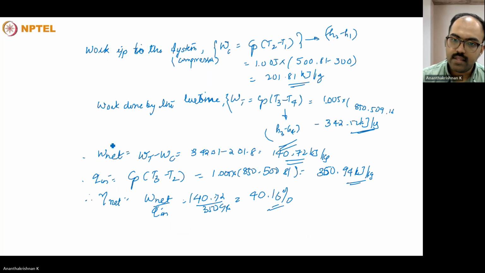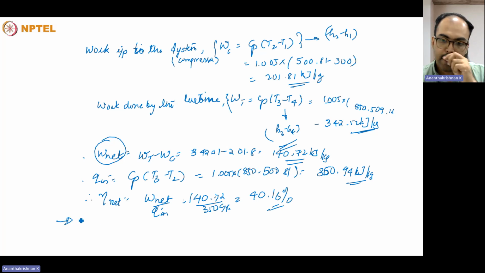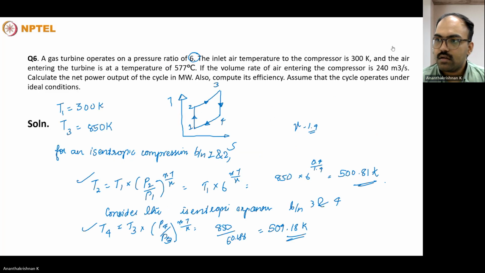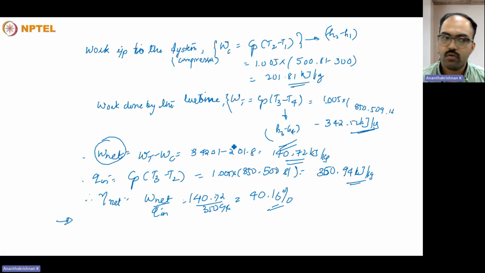This net work is in terms of kilojoule per kilogram, specific work. So in order to get the mass of the system, we have to use the ideal gas equation. We know the volume flow rate of 240 meter cube per second. If we know the specific volume or the density, we can get the value of the mass.